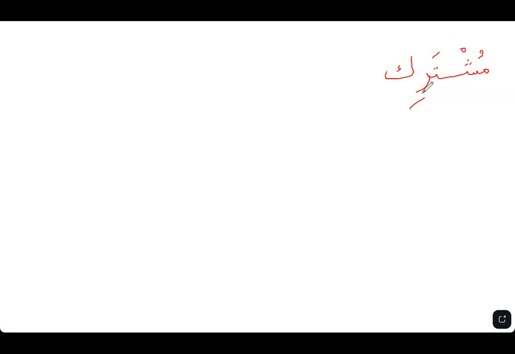Sarf, I believe they call it morphology or something like this. So sarf is a very important part of the language. What we have been doing for a very long time is nahu.